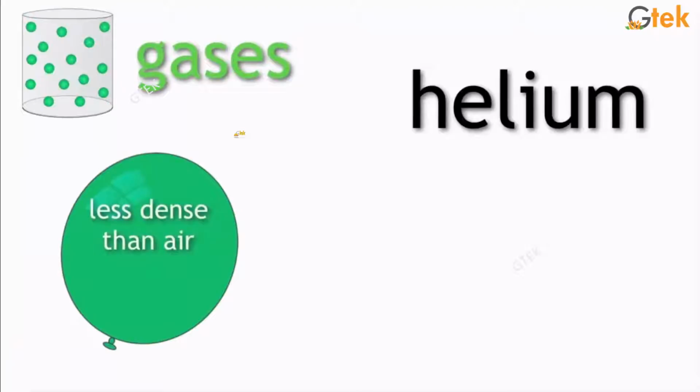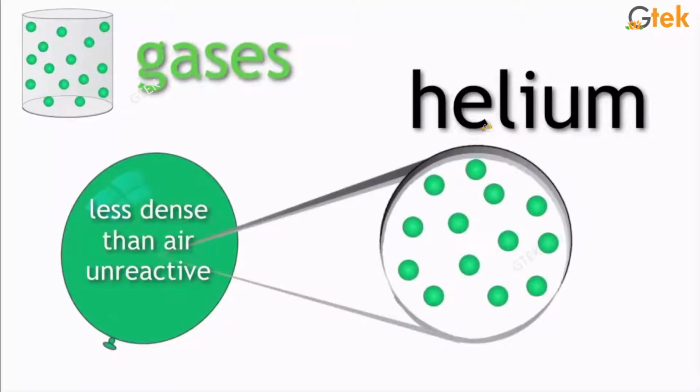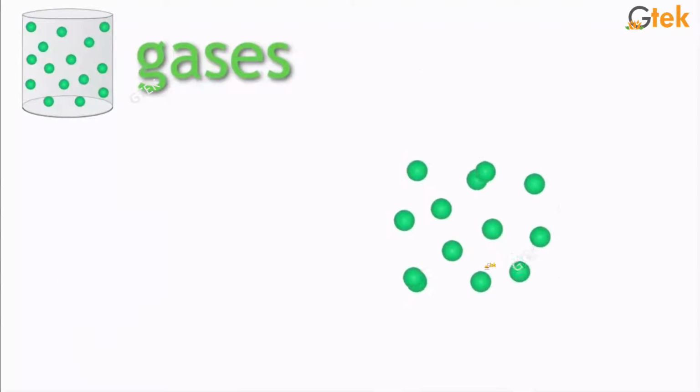The next one is gases. It is less dense than air and it is unreactive. The typical example is helium. You are able to see the molecules. They are loosely packed and can move.